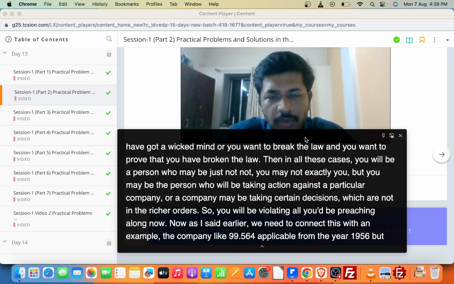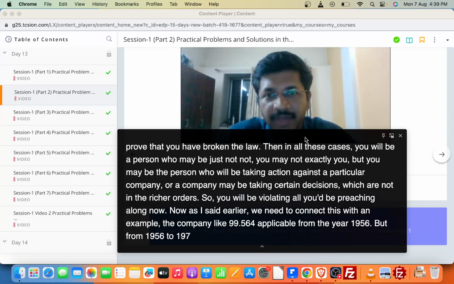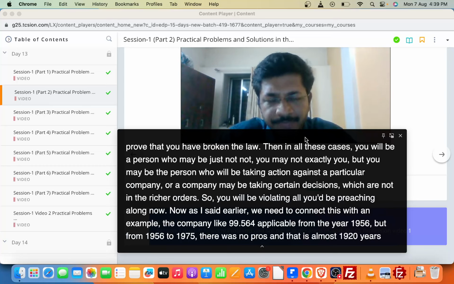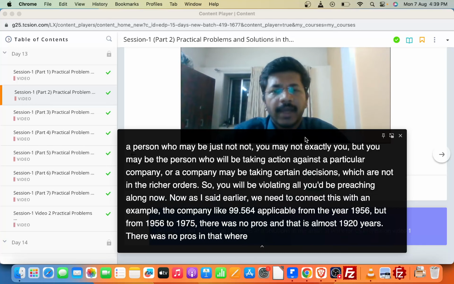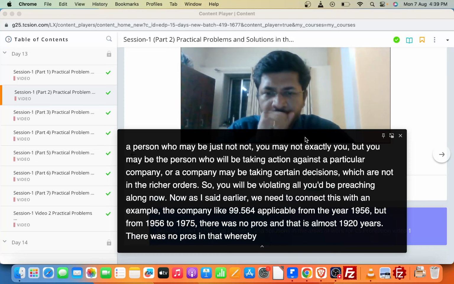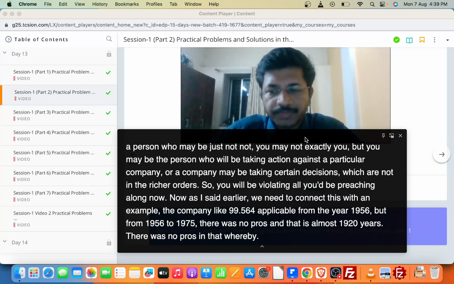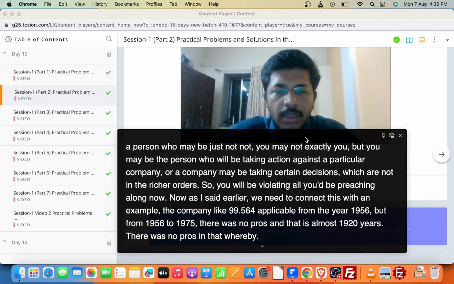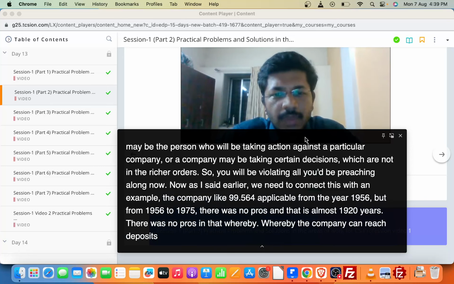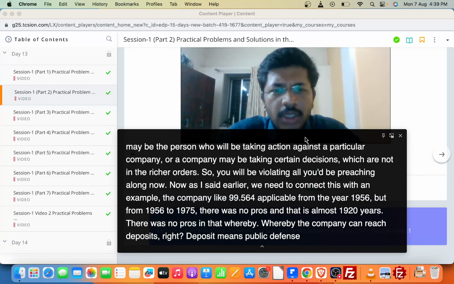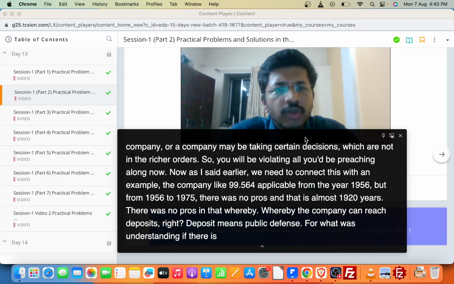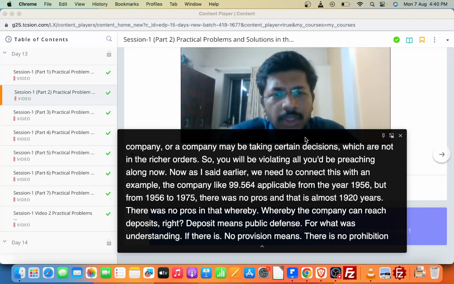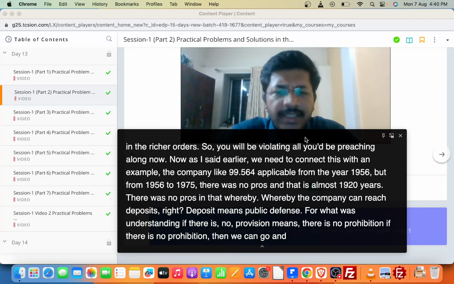But from 1956 to 1975, almost 19-20 years, there was no provision in the Act whereby the company can raise deposits. Deposit means public deposits. So what was the understanding? If there is no provision, it means there is no prohibition. If there is no prohibition, then we can go and raise deposits.